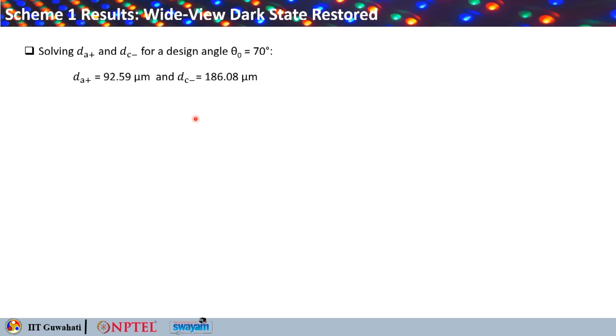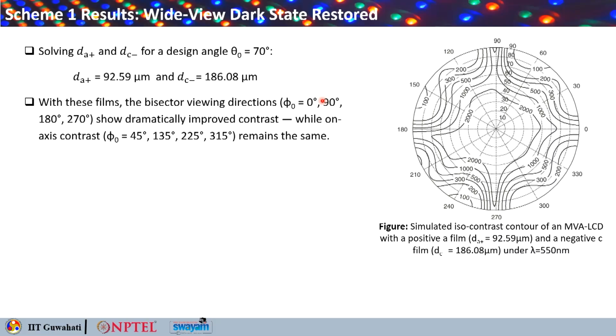Now when you solve for the design angle theta naught equals 70 degrees, you can see what d_A+ and d_C- come out to be. With these films, looking at the bisector viewing angles at 0, 90, 180 and 270 degrees, you can see they have dramatically improved the contrast at larger angles.